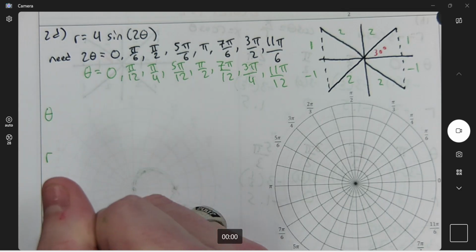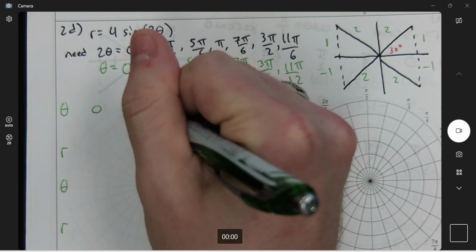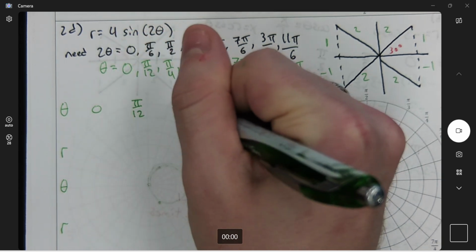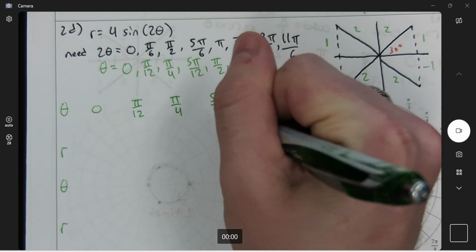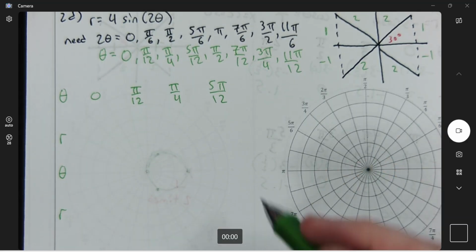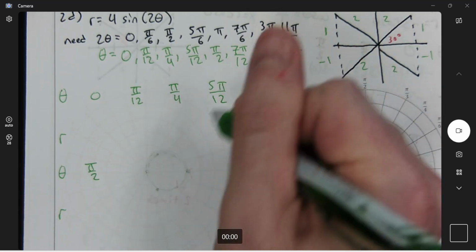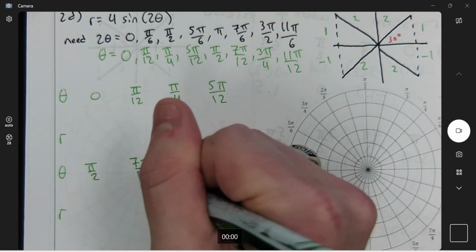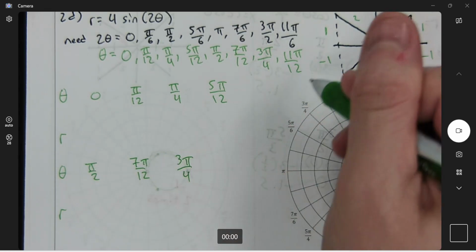The first 4 thetas, 0, pi over 12, pi over 4, and 5 pi over 12, come on down. Pi over 2, 7 pi over 12, 3 pi over 4, and 11 pi over 12.